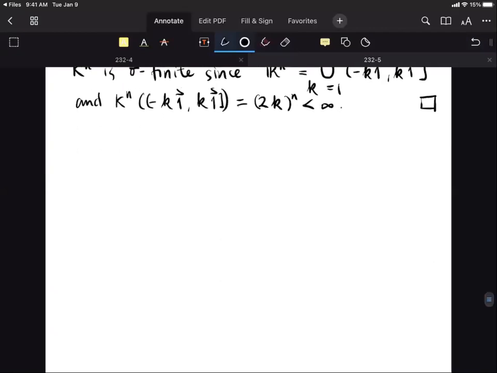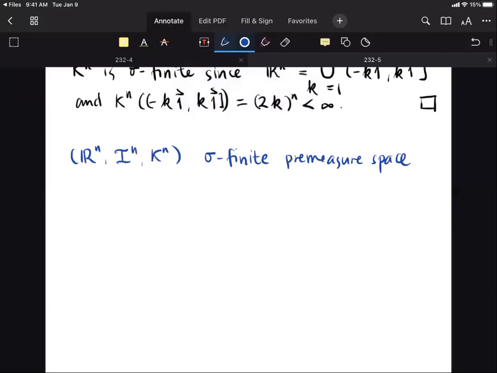Okay, so we now establish the fact that this Rn, In, kappa n is now a sigma finite pre-measure space. Okay.